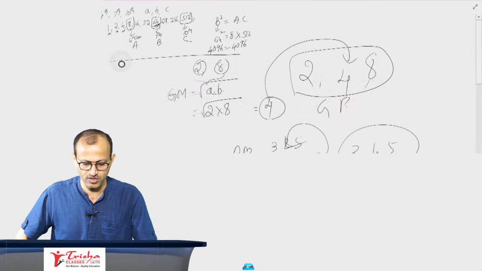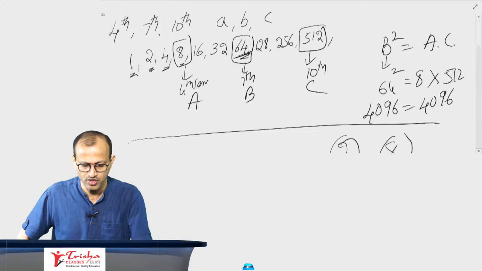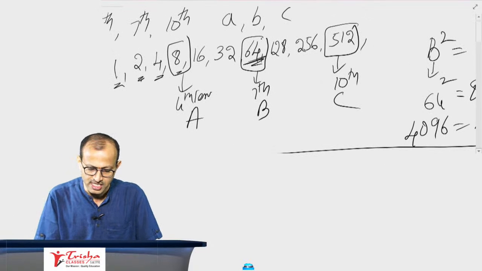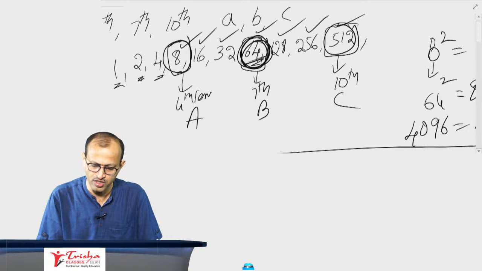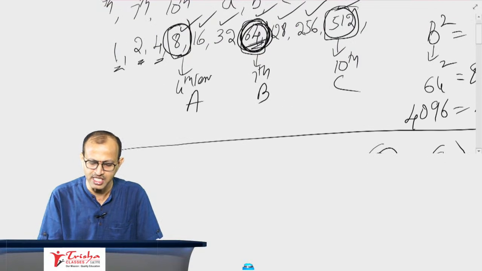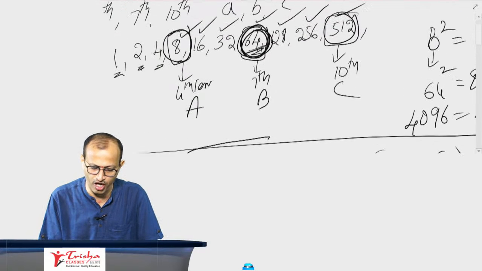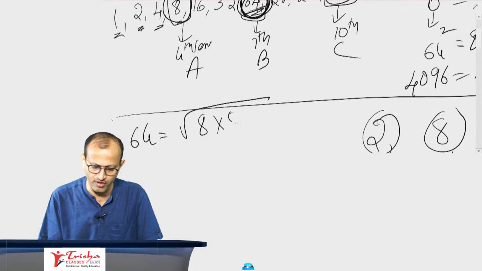Now, sir, can't we do it this way? Still you can do it. Try it out. Finally, what happened is 64, 8, 512. 1, 2, 3, 4, 5, 6, 7. This is coming in the middle, no? So for 64, according to me, middle means it is the geometric mean because it is a geometric progression. 64 is the square root of 8 into 512.